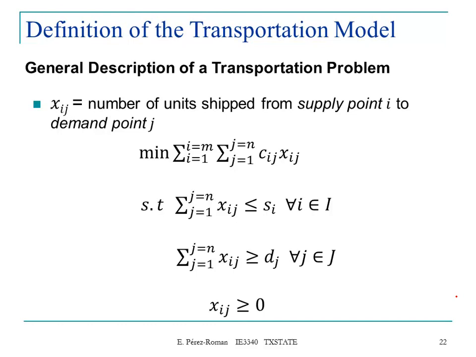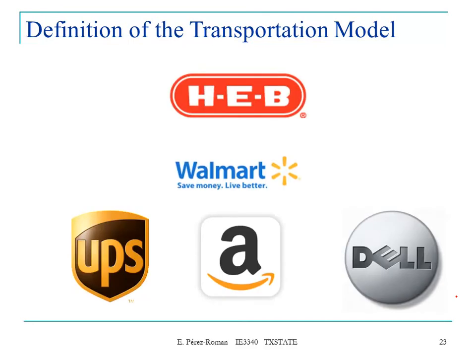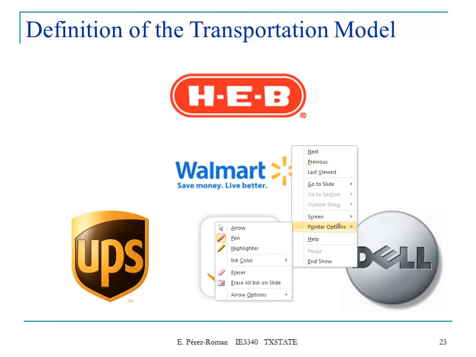So one more thing, before we go and pass the exams. Here are some of the companies that are always looking for people trained in logistics, transportation, and optimization models: HEB, Walmart, UPS. Let me see if I can click here.